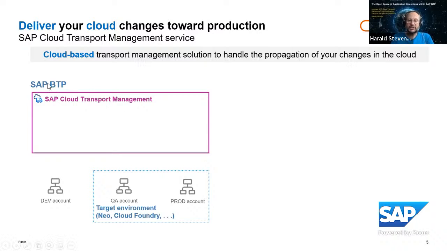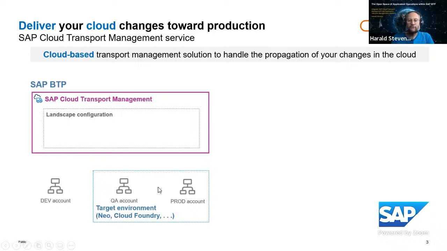It is a service itself running in BTP, in a Cloud Foundry environment, but it can handle several types of environments: Neo, Cloud Foundry, and, quite new, the ABAP environment in BTP as well. What you do is subscribe to Cloud Transport Management, and then you look into the sub-accounts, the tenants of your applications or of your development environment, which should be part of your transport landscape, of your delivery landscape.